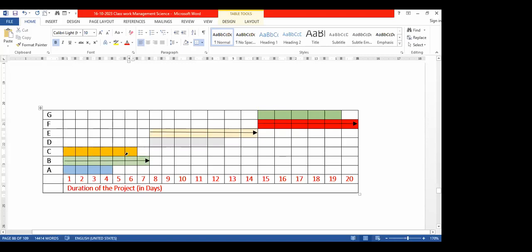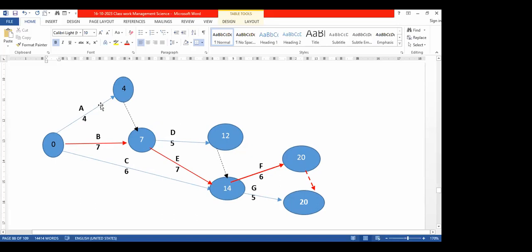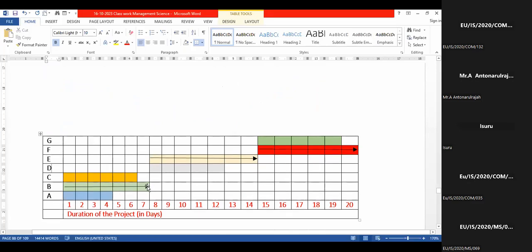Right? Then after that, D. To start D, you can refer to the network diagram. To start D, we have to complete all these things. A has to be completed, B has to be completed. So B is finishing here, exactly 7 days. From that place, D is starting. So that order you have to consider.